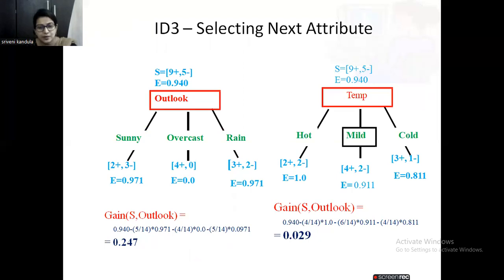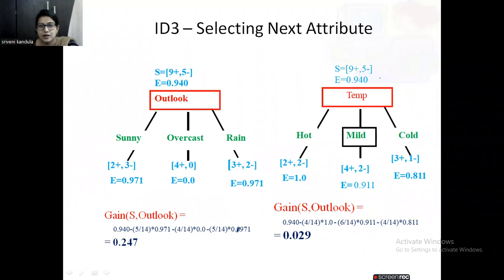So 4 by 14 multiplied with 0, minus 5 by 14 multiplied with 0.971. Sorry, the value is 0.971. If you simplify, you are getting a gain value of 0.247.